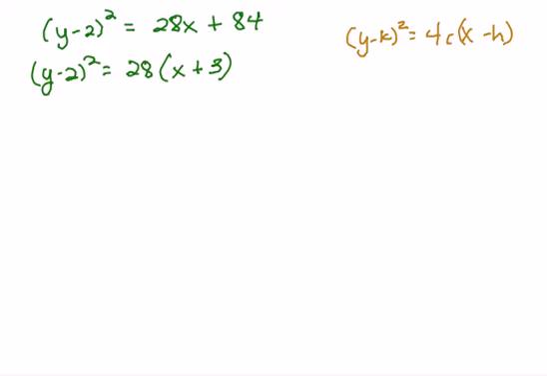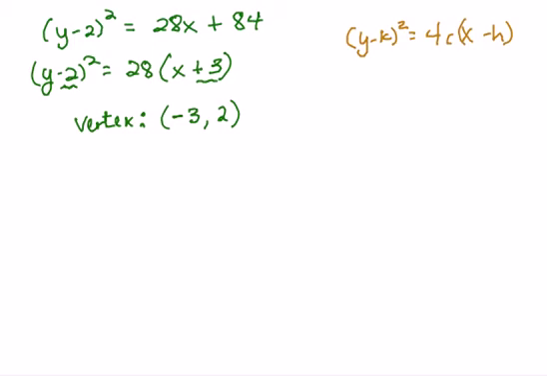The vertex of our parabola is easy to identify now. The x-coordinate is going to be negative 3. And the y-coordinate comes from here. It's going to be 2. So I have a vertex of negative 3, 2. I'm noticing that the 28 here, it's positive.